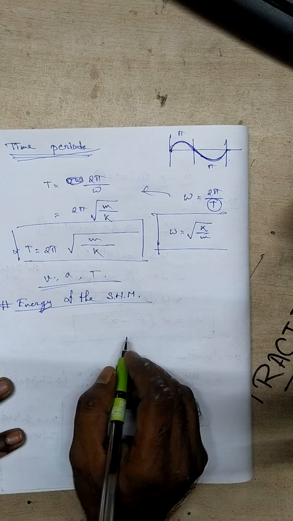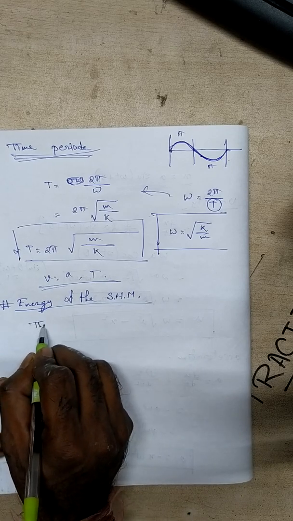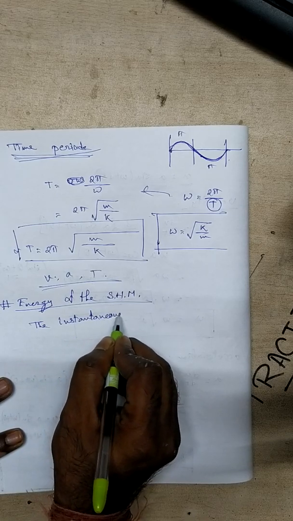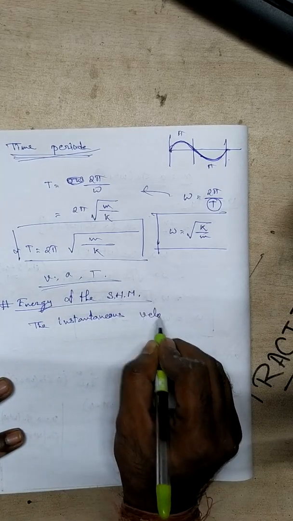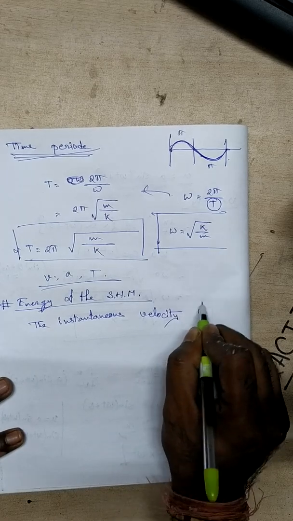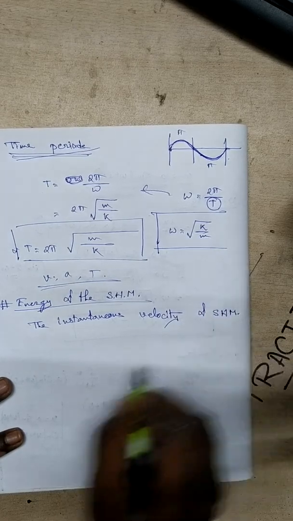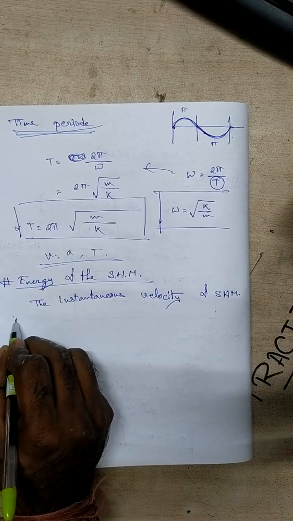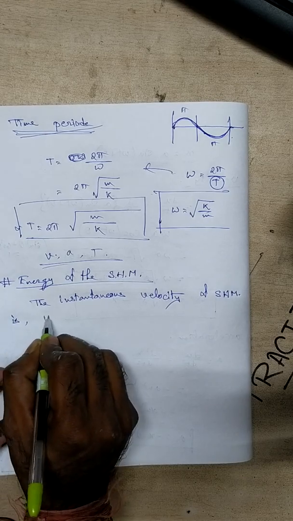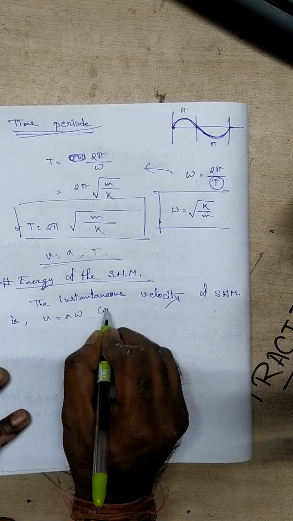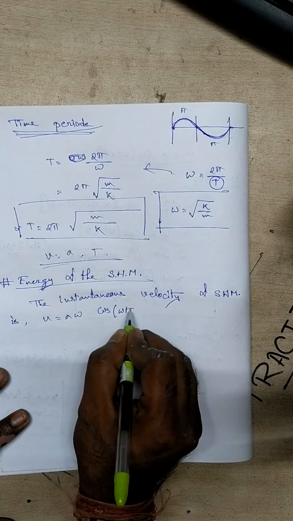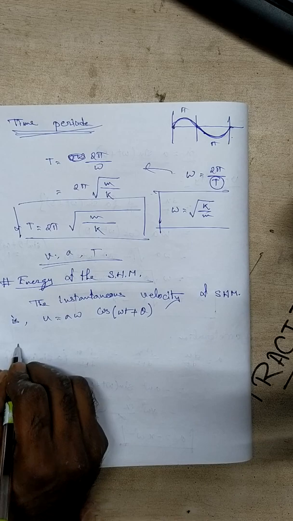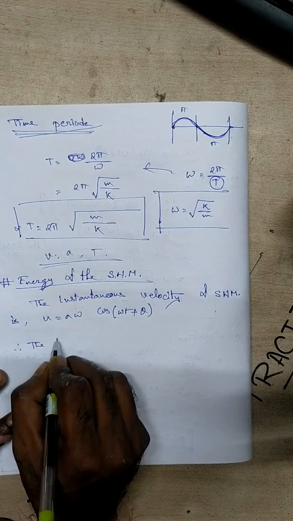So we have the instantaneous velocity of SHM, u is equal to a omega cos(omega t plus theta). Clear?